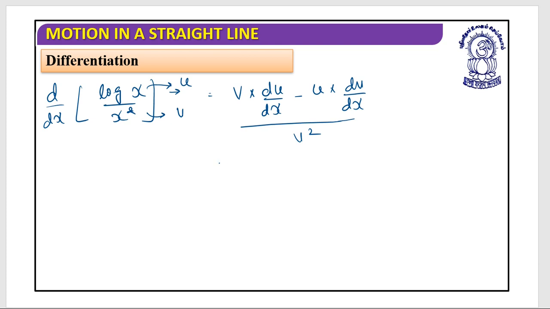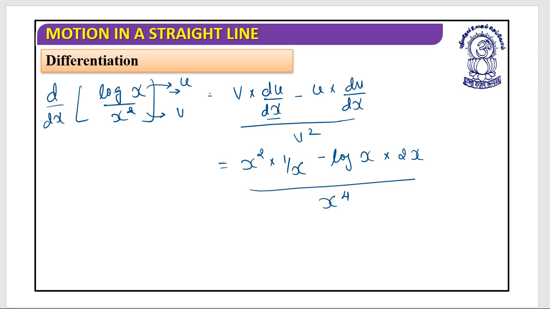So the things would look like, this is x square multiplied by du by dx, this is d by dx of log x, this is 1 by x, minus of u, this is log x as it is, multiplied by dv by dx, this is d by dx of x square, it's a 2x, divide by v square, v is x square, I need to square it, it's an x to the power 4.